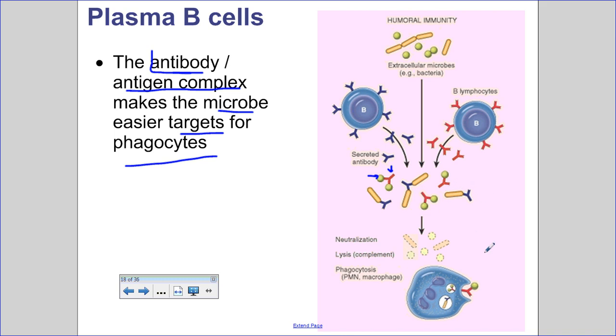There are receptors on the cell membrane of macrophages, for example, that will be able to recognize these antibodies and will make phagocytosis a lot easier for these cells. So it will facilitate uptake of this antigen.